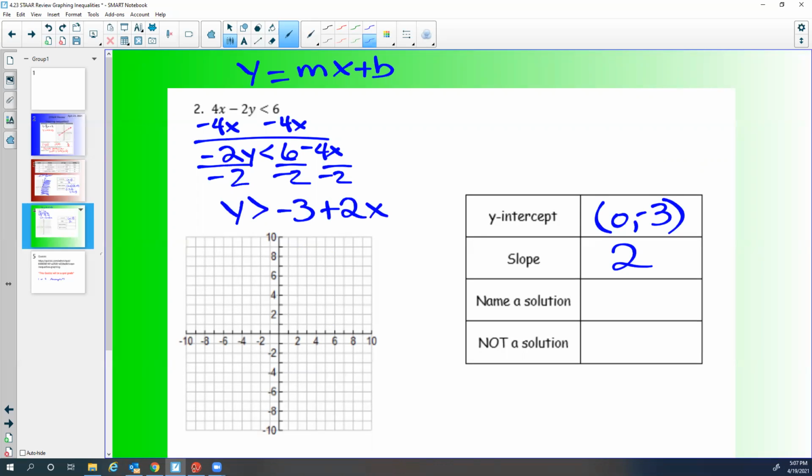So I go down to a y-intercept of -3, rise 2, run 1, rise 2, run 1. If you wanted to get the full graph, you would keep going on and on until you got everything you wanted. Now notice this is a greater than symbol, which means it's going to be a dotted or dashed line.